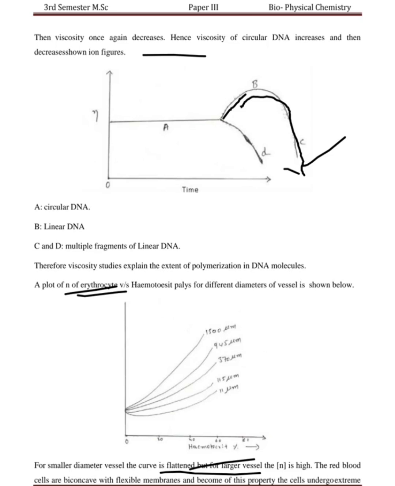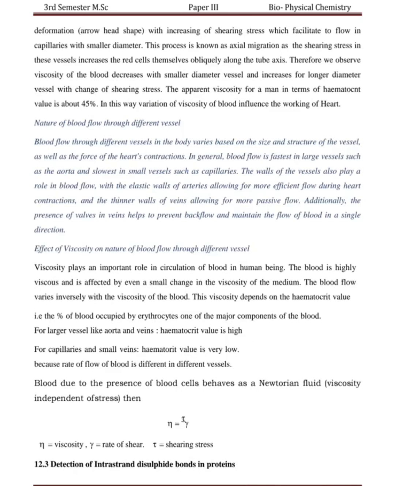the apparent viscosity of blood is termed hematocrit. So the viscosity of blood in terms of hematocrit varies with the rate of shearing stress. So the value will be around 45%.